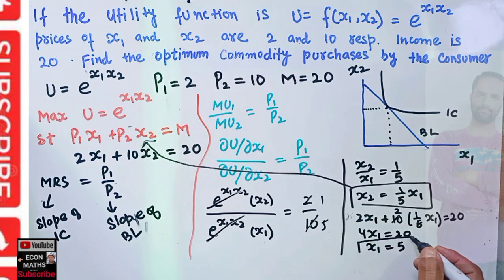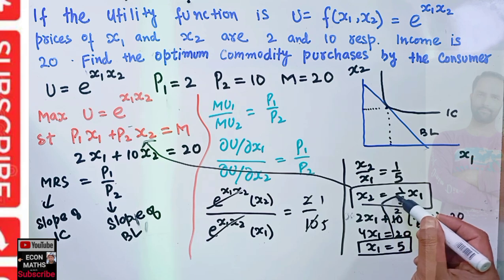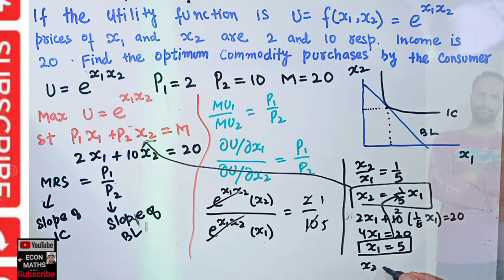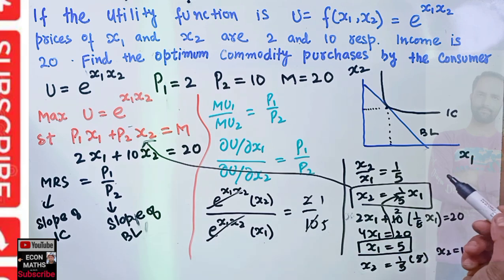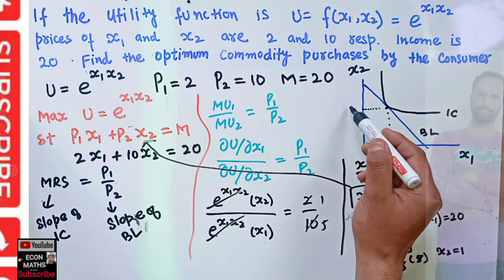We got the value of x1 equal to 5. To find the value of x2, plug x1 equal to 5 here. Then x2 is equal to 1 upon 5 times 5, so x2 is equal to 1. So the optimum consumption bundle is x1 equal to 5 and x2 equal to 1.